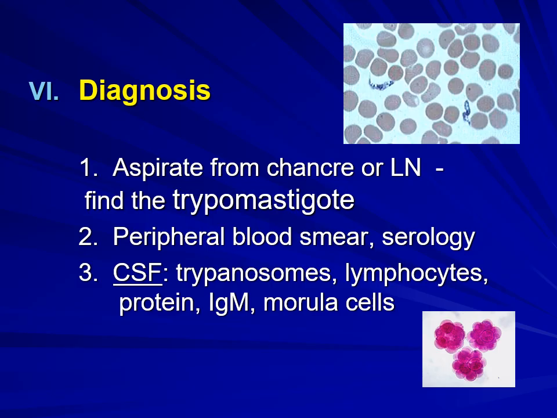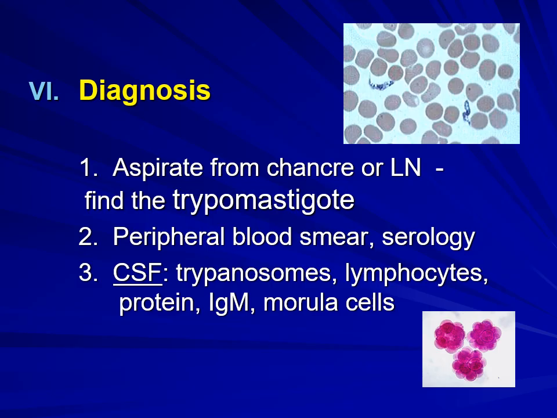Diagnosis: aspirate from the chancre, if we can find a chancre, or a lymph node where we can find the trypomastigote. Peripheral blood smear can be helpful, but concentration techniques have to be done and better preparation. Serology may be helpful. If we do a lumbar puncture for somebody with a disturbed consciousness, we may find the trypanosomes in the CSF.